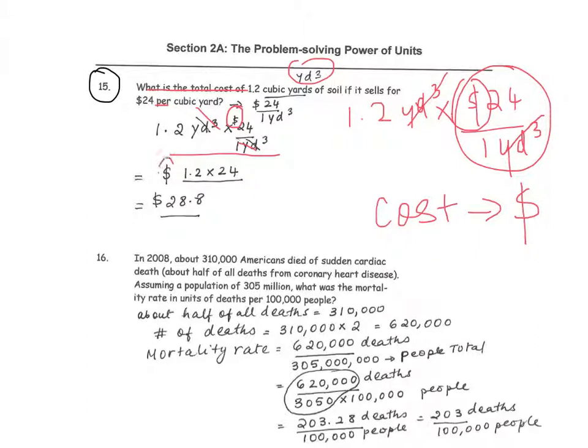So that is our final unit, and that's exactly what we want. We want it to be in the numerator, and that's where it is. We combine the numbers, 1.2 times 24, to get $28.8. So we are using the technique of dimensional analysis to solve problems.